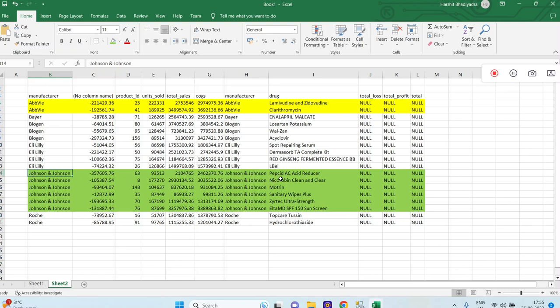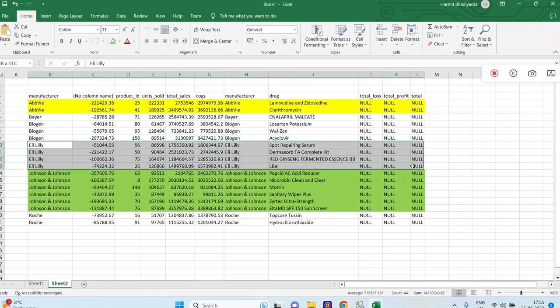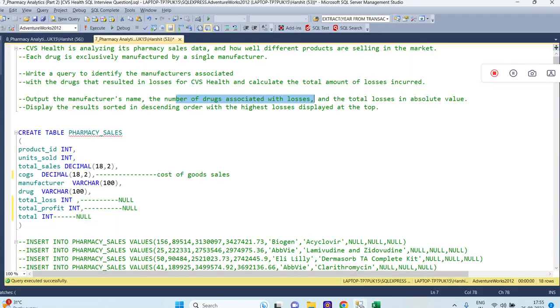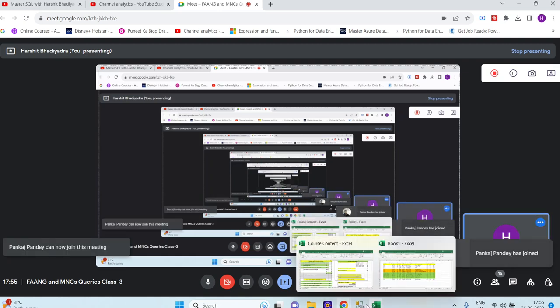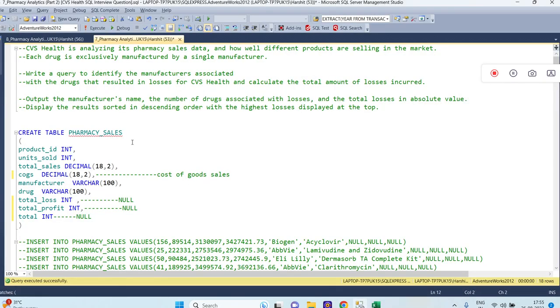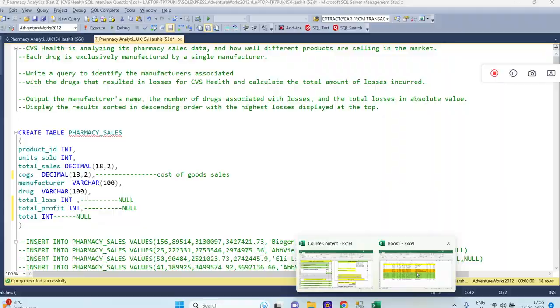We can say that six drugs are associated with the losses. Then for Eli Lilly, how many drugs are associated with the losses? I think four drugs are associated with the losses, right? Four drugs.